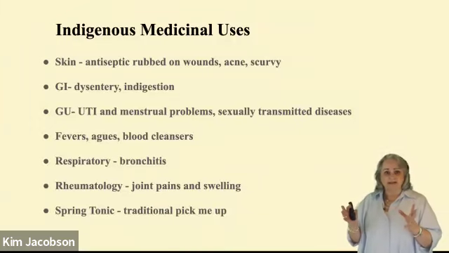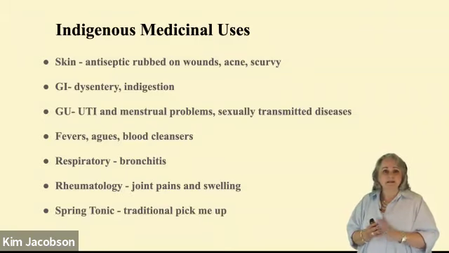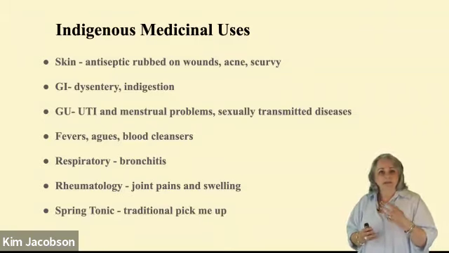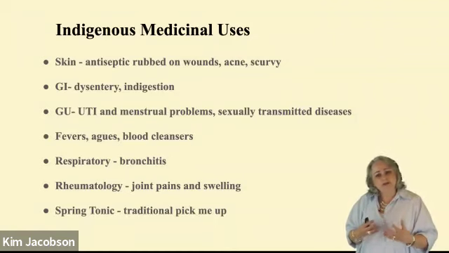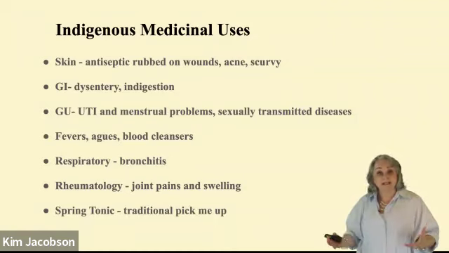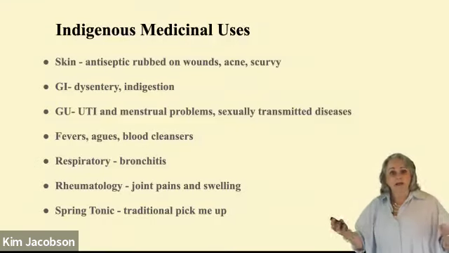Going on to sassafras itself, indigenous medicinal uses for sassafras are listed here. They would make a poultice from the leaves and the roots and apply it to wounds as an antiseptic. It was used for gastrointestinal upset, particularly used for fevers and agues, or as a blood cleanser to bring balance to your body and well-being.